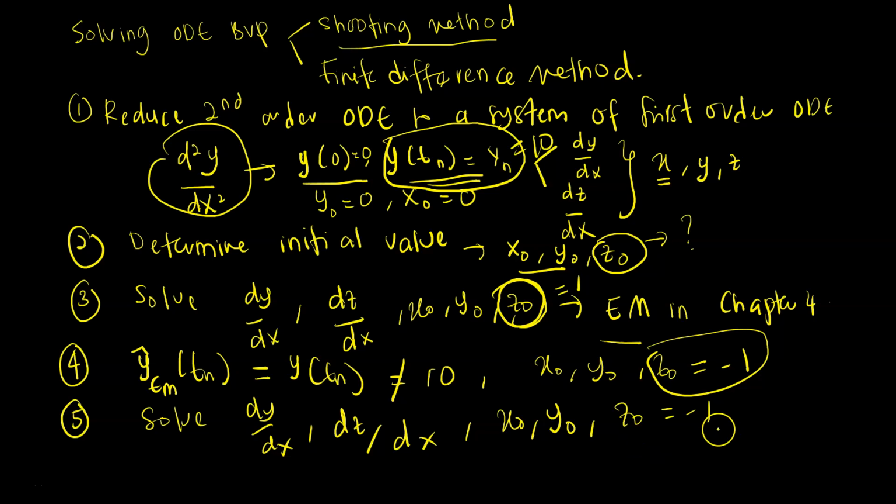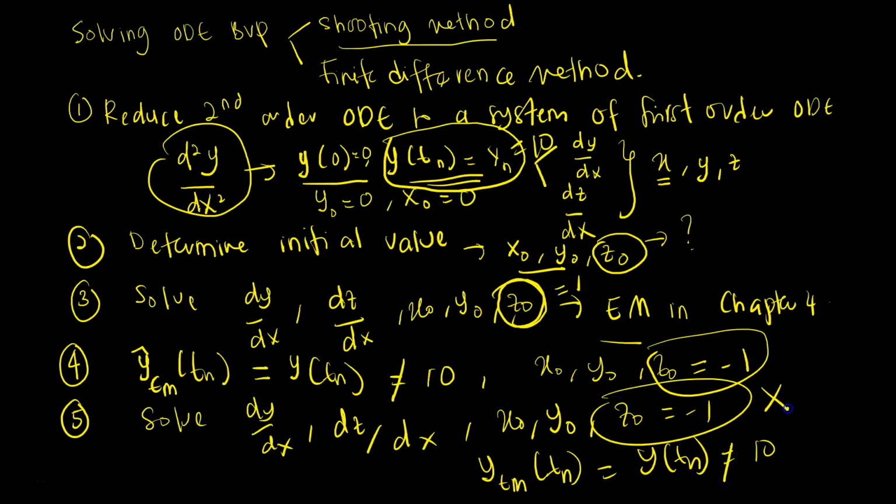And once we solve, we need to compare again. Is this y that we solve using Euler method at the last time equal to y in this question? For example, is it equal to 10? If it is not equal to 10, it means that this z naught is actually not correct.